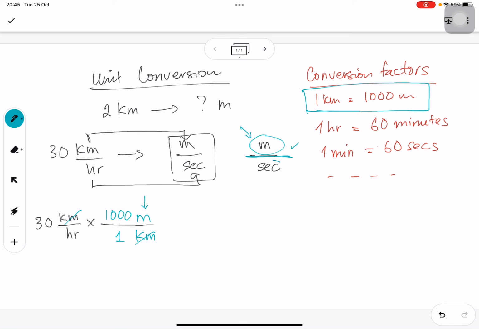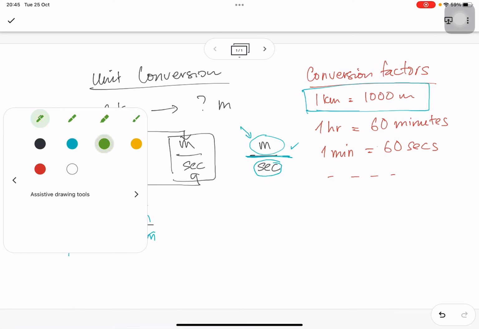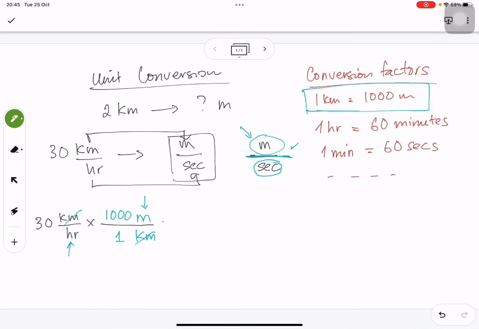The other thing is at the bottom, I want to convert that into seconds. Right now, the bottom has hour, so I want to cancel hour. If hour is at the bottom, then to cancel it you have to put hour on the top so that it can cancel out. And then second.